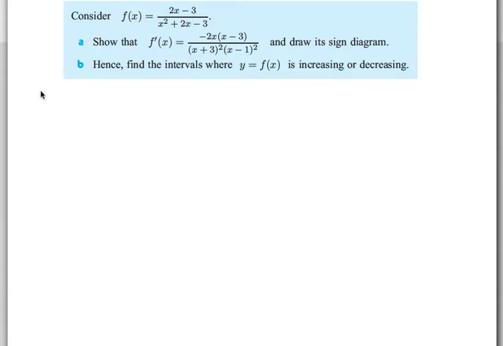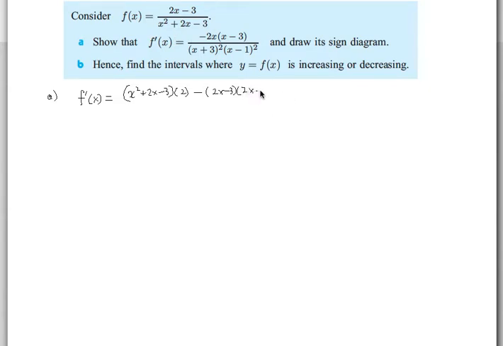Alright, so let's get started. The first step is to take the derivative of this. We could probably just do that by using the quotient rule, right? F prime of x is going to be the bottom part, which is going to be the same on top, x squared plus 2x minus 3, okay, times the derivative of the top, which is 2, okay, minus the original top function times the derivative of the bottom function.